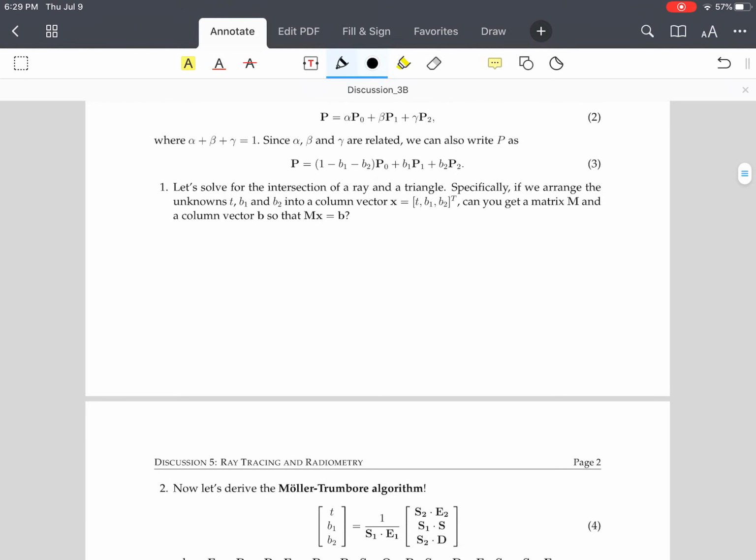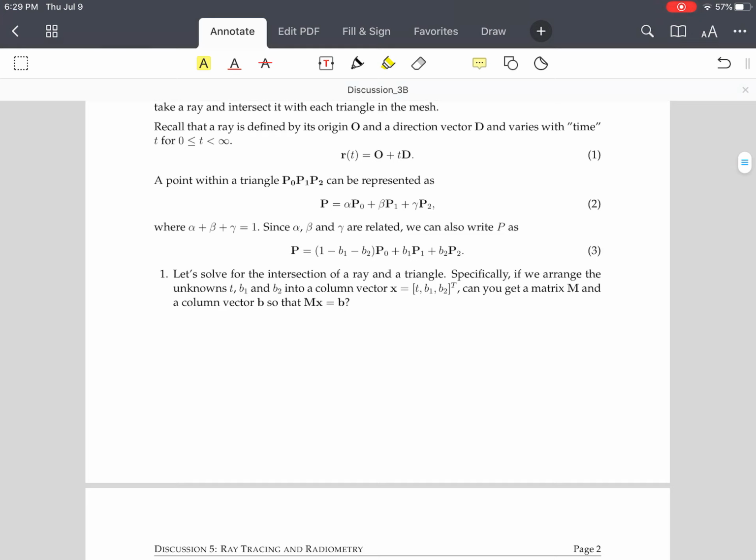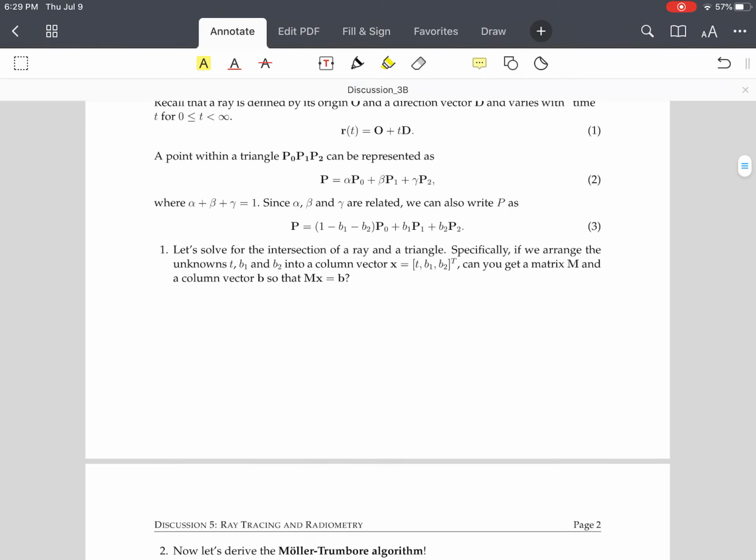We can do this by starting by just writing out the equation. Up here we have O plus tD, the equation for the position of a ray. Then we also have the equation for any point on the triangle, P. Let's write both of these and see what we get.